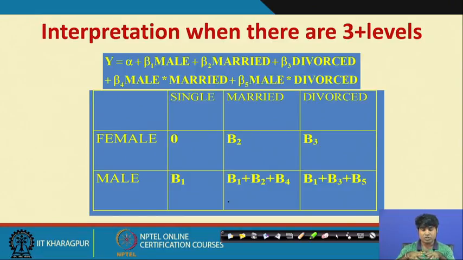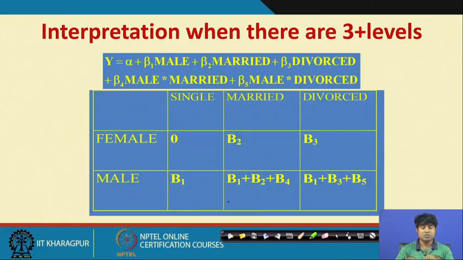So, we have technically 3 parameters depending upon the kind of dummy variables we use: male, married and divorce. Since it is a question of male, the counterpart will by default be female. So, the basic starting point is alpha, and if it is a case of male, then that particular component will be 1, and as a result the impact will move to y equal to alpha plus beta 1.